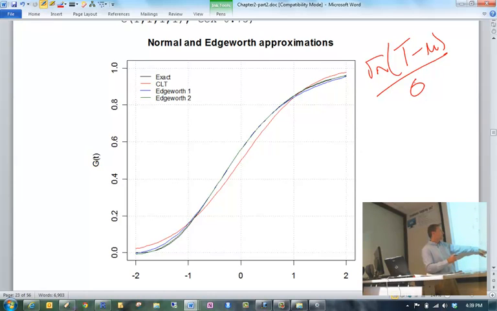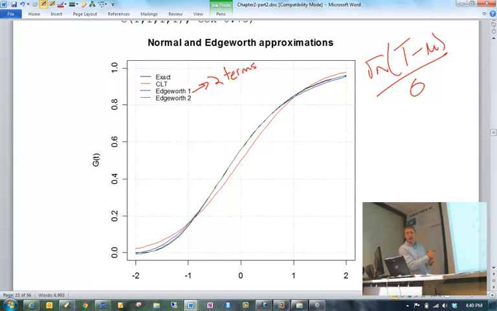Obviously, that's not necessarily the best approximation for what the true distribution is. So let's look at Edgeworth 1. And my labeling is not the best here, so this uses two terms. So it uses the CDF of the standard normal, plus then that first term that was dependent only on the skewness. And we can see with the blue line, that's getting a lot closer to the black line.